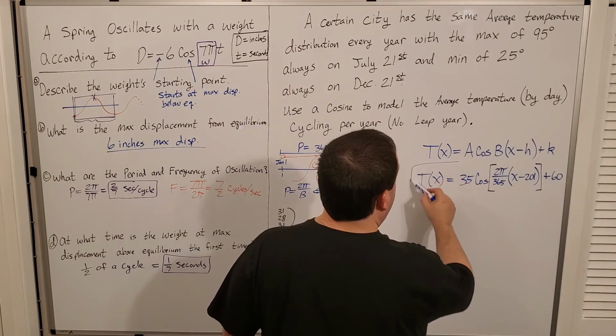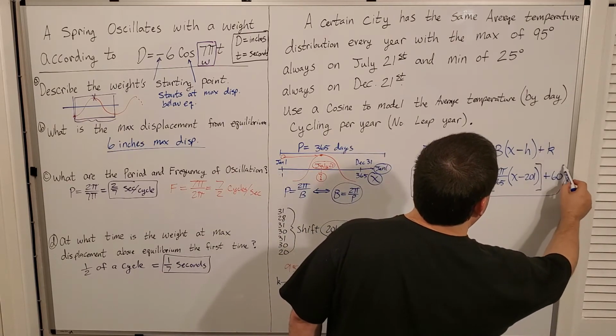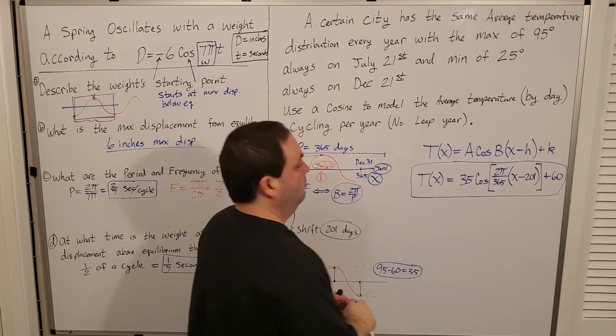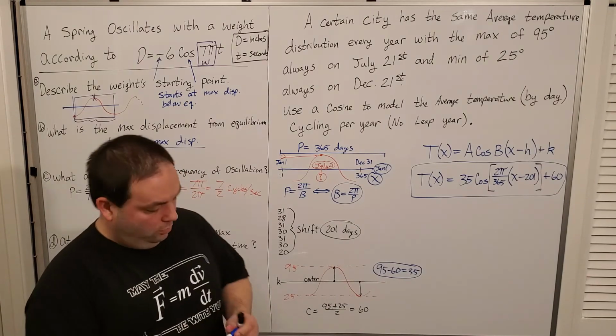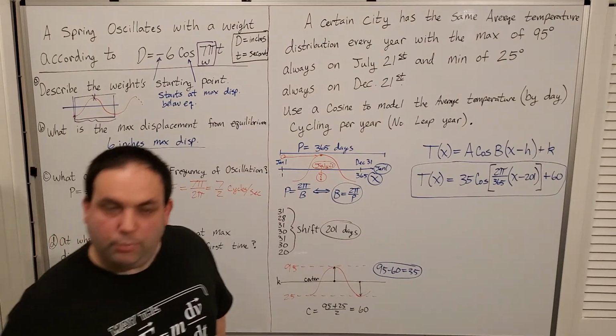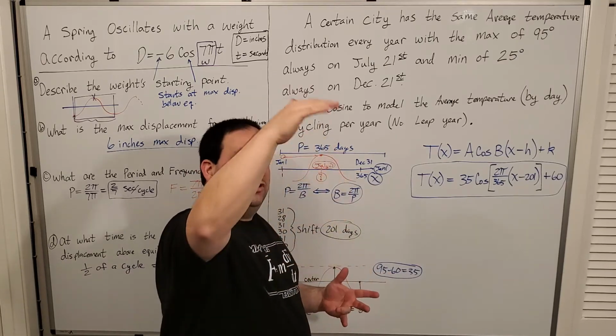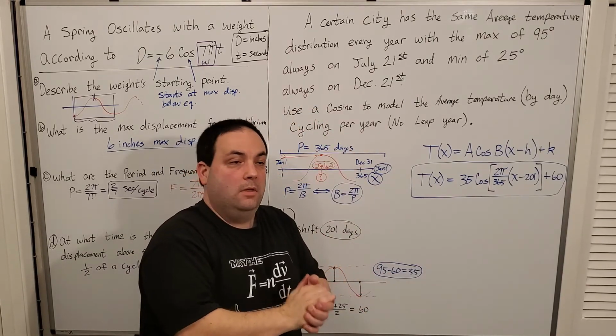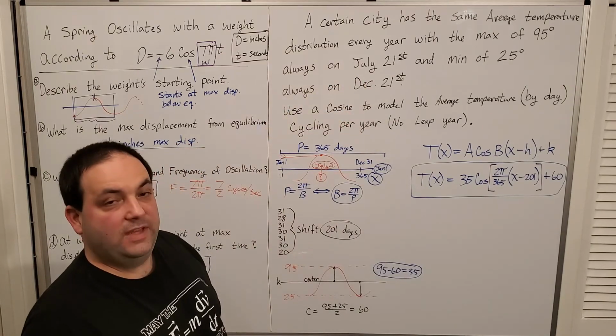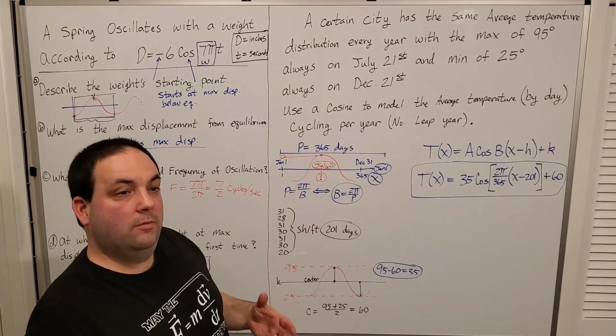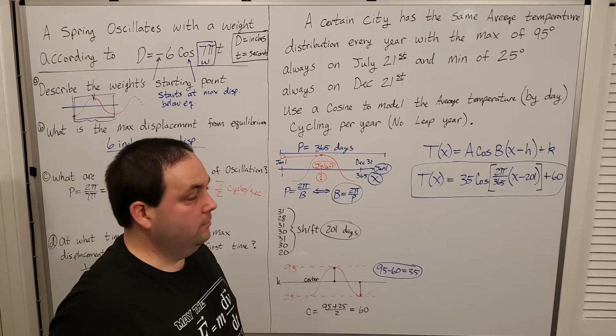This is the answer to find the model. Okay? So we have modeled this oscillating average temperature of this city, given these pieces of data that they've measured year after year after year.